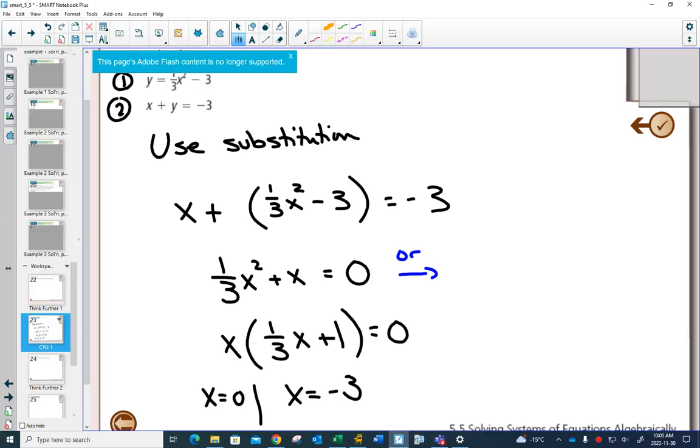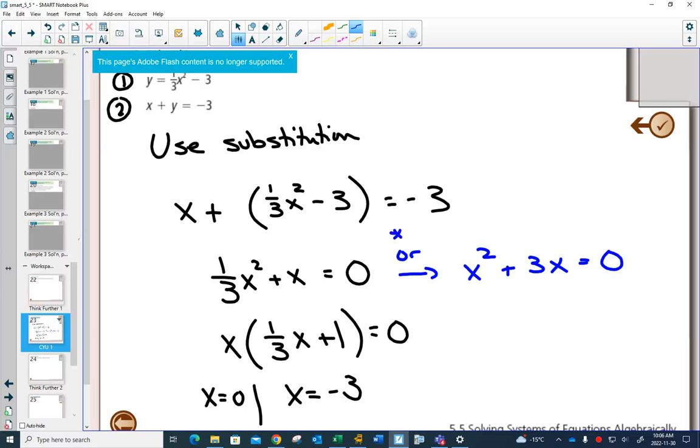Whether I'm working with the quadratic formula or factoring, I don't like the fraction there. What could you do to get rid of that 3? You could multiply by 3. Now, if I multiplied this whole equation by 3, then the 1/3 x squared would become x squared, the plus x would become plus 3x, and the 0 when you multiply by 3 would stay 0. So the blue equation is the same as the black equation. I just multiplied by 3.